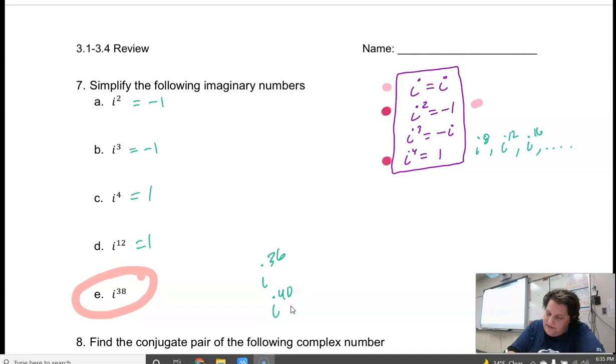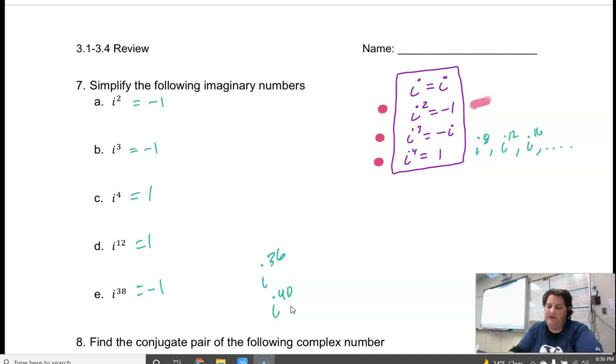So this one is i to the 38. So it's -1. Let's say instead of 36, you picked 40. That's actually fine because look, 40, now go backwards, 39, 38, and I still end up right there with -1. All right, so it's all about just counting your multiples of 4. When in doubt, at least just pick one of those 4 because that's always going to be one of your answers, all right?